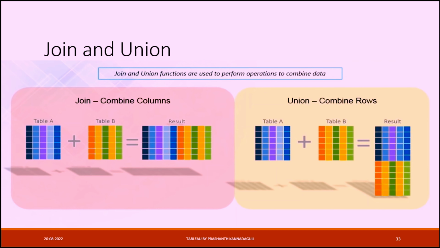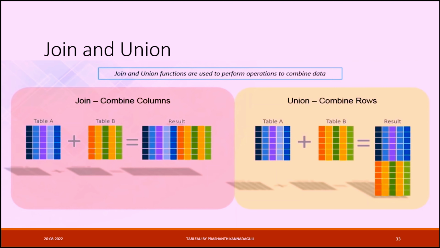So in SQL, we have seen the join as well as the union. Now, if I am bringing the data from various servers and you are using the query languages, you know that you can perform operations such as join and union to get a combined result.